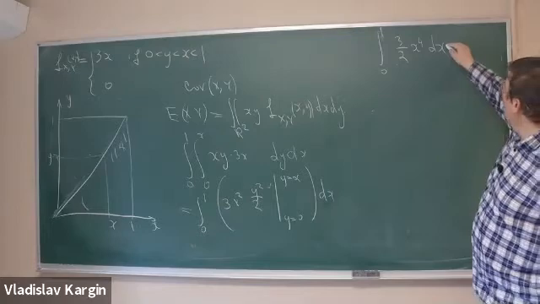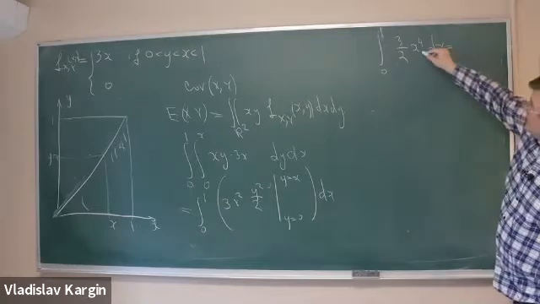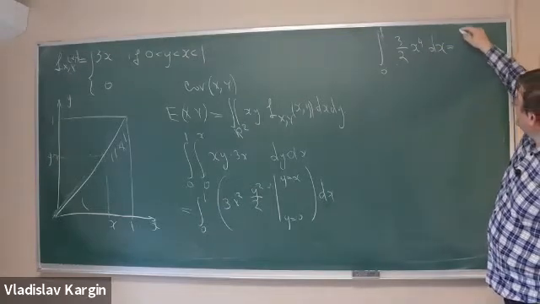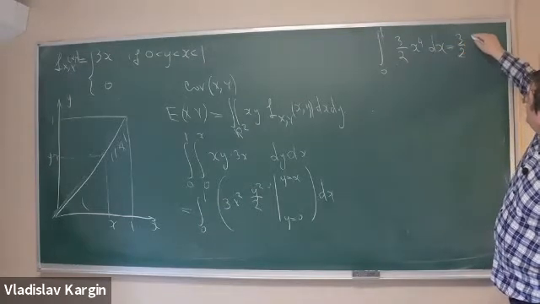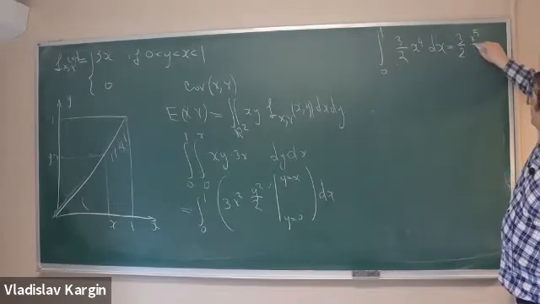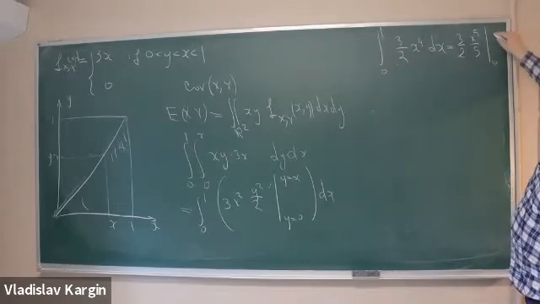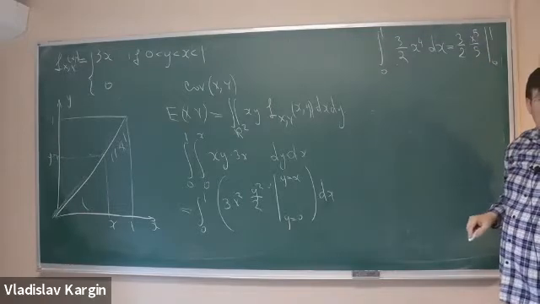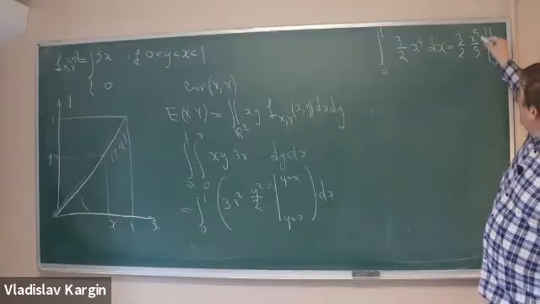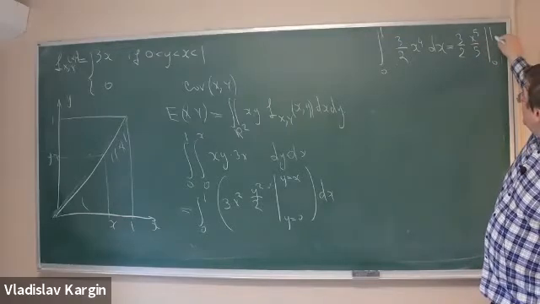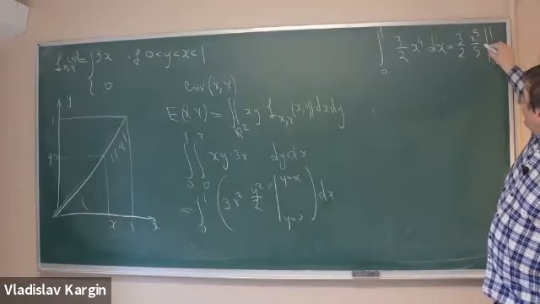So this is equal to 3 halves times x to the 5 divided by 5, evaluated from 0 to 1. At 0 it's 0, at 1 it's 1, so 3/10.